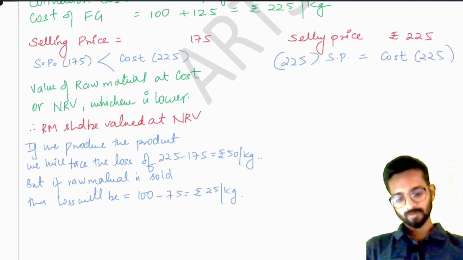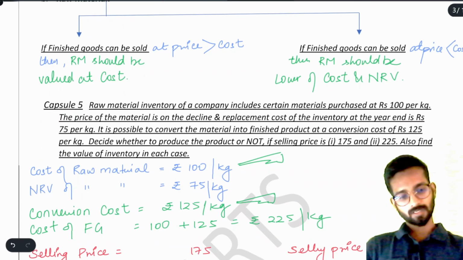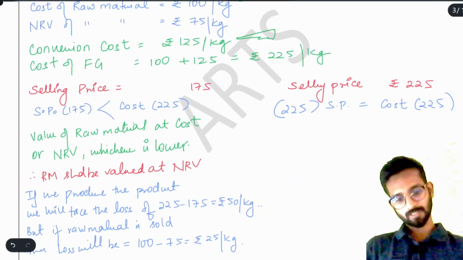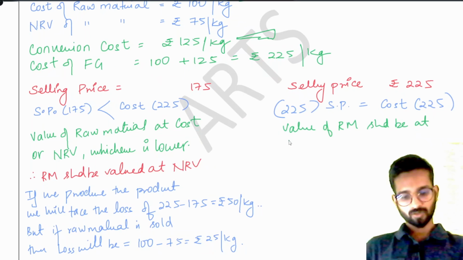We already know when the product can be sold at cost or at higher than the cost, you will value the raw material at cost. So I can write here that value of raw material should be at cost. How much was the cost? Cost was rupees 100 per kg.